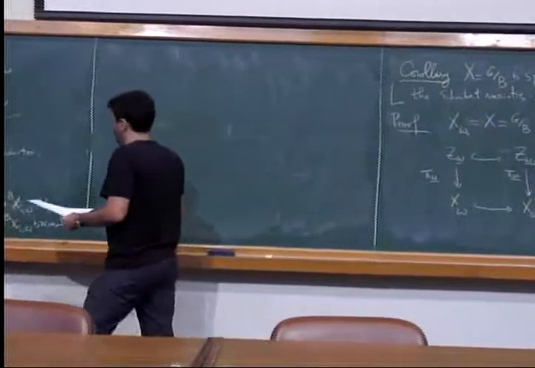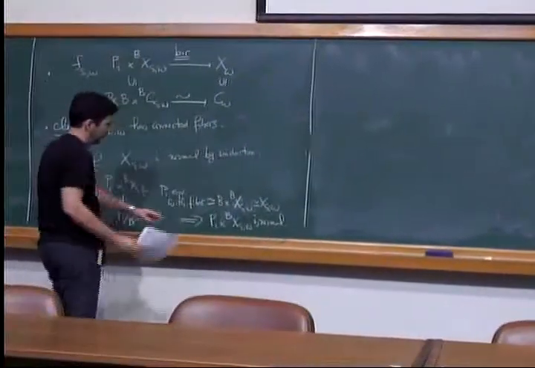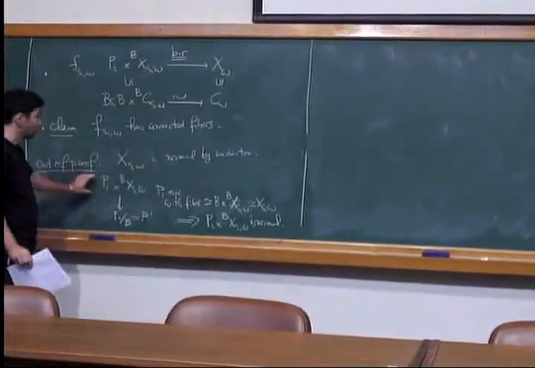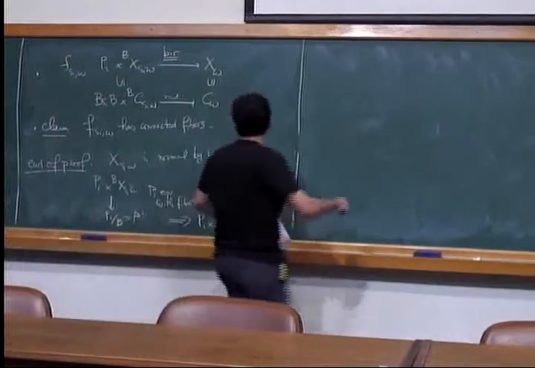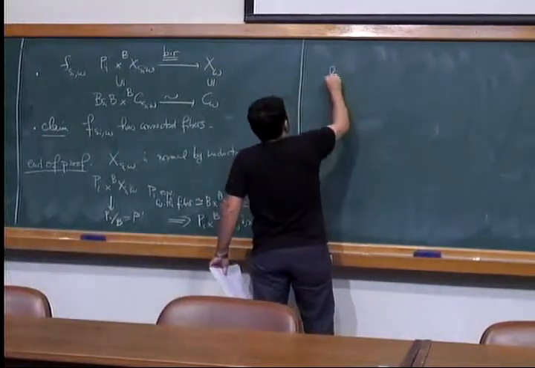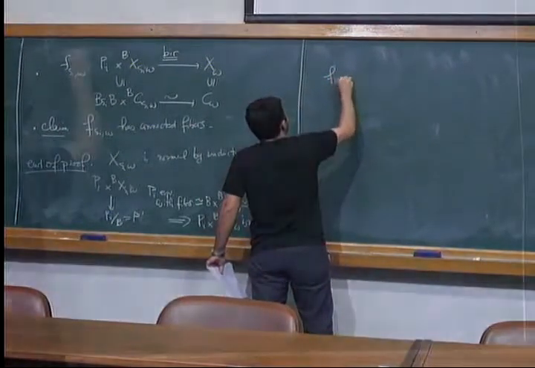So now, this is a normal variety, this is also a proper variety. Now, since this is a normal variety, this morphism factors through the normalization of X omega.